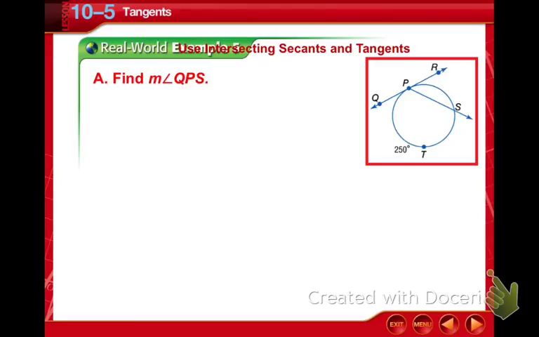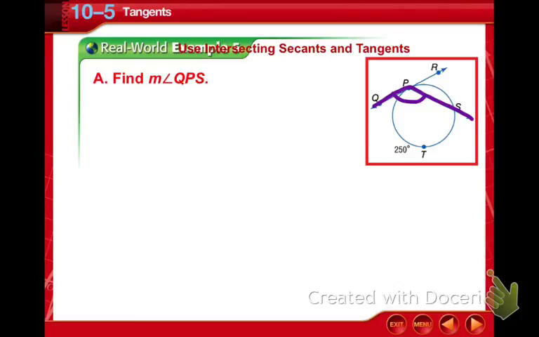Okay, so here we have to find the measure of angle QPS. So let me mark what that angle is. QPS is that angle right here. So we're looking for the angle that goes along with the arc that we're given.